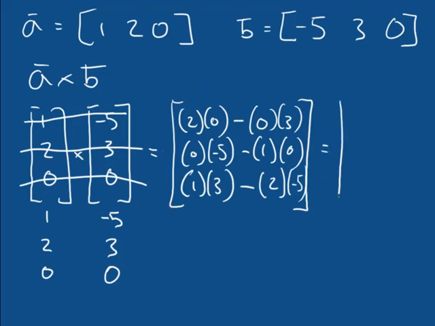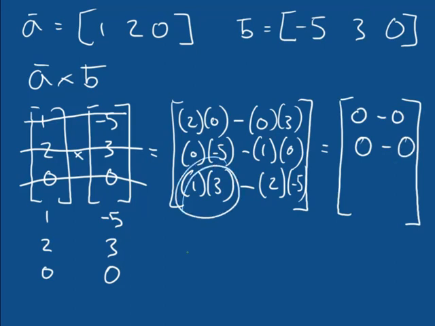So this is equal to, well, 2 multiplied by 0 is 0, minus 0 multiplied by 3 is 0, so 0 minus 0. 0 multiplied by a negative 5 is 0, minus 1 multiplied by 0 is 0. 1 multiplied by 3 is 3, minus 2 multiplied by 5 is negative 10.